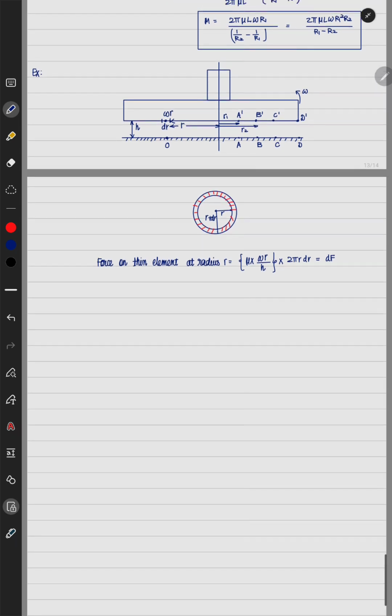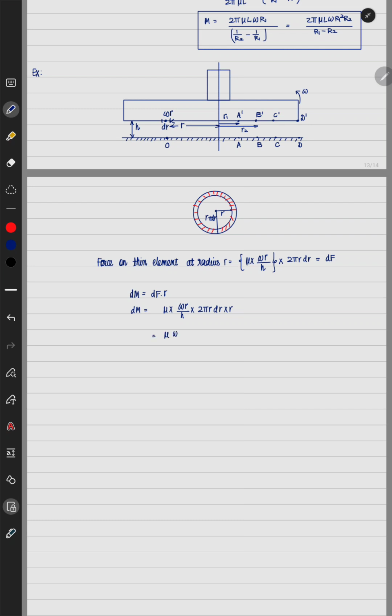So what will be the torque associated with this? dM is equal to dF into r, so dM is equal to mu into omega r divided by h into 2 pi r dr into r.